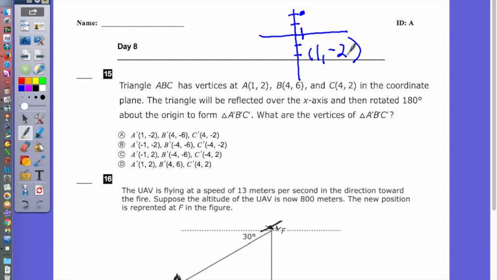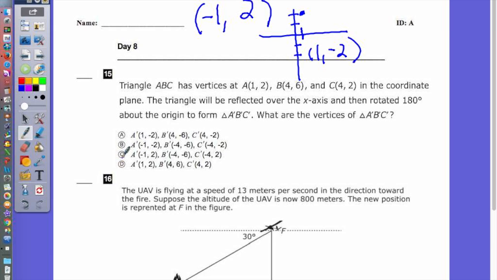And then I rotate it 180 degrees. So if I rotate, I'm going to be back to the same x and y, but since it's -x, -y, the 1 was positive, it becomes negative. The 2 is negative, it becomes positive.